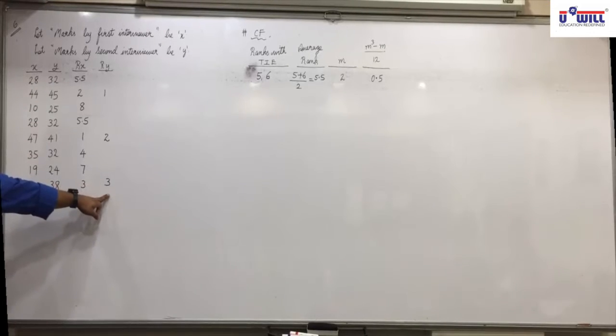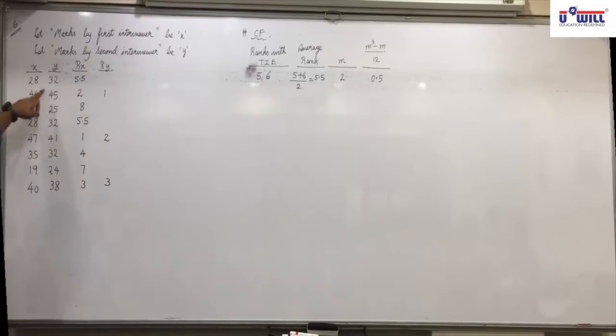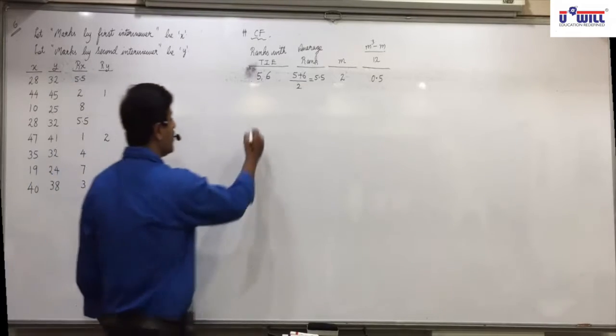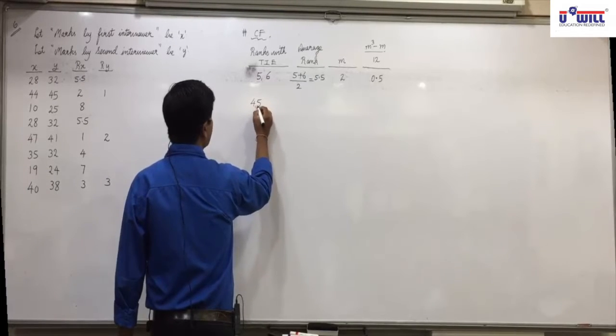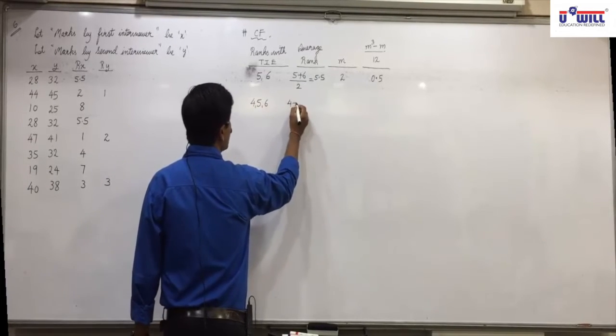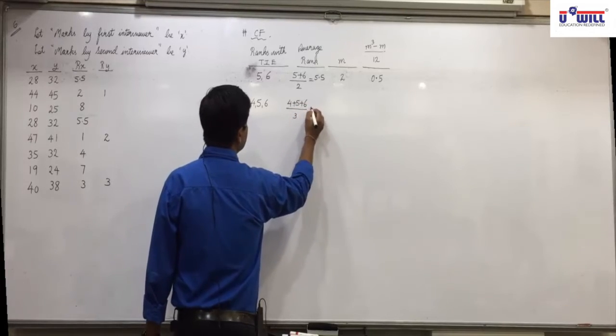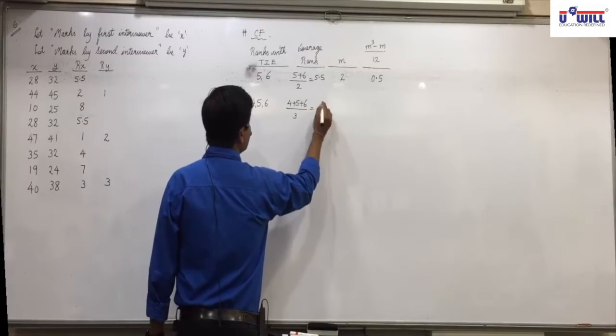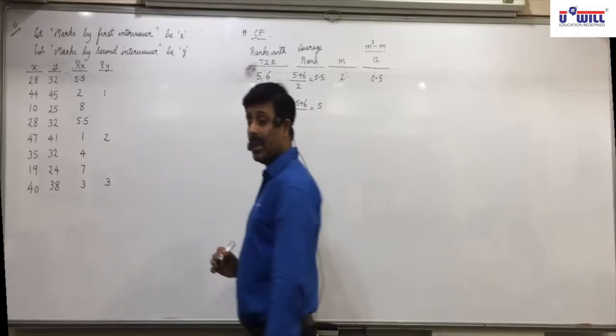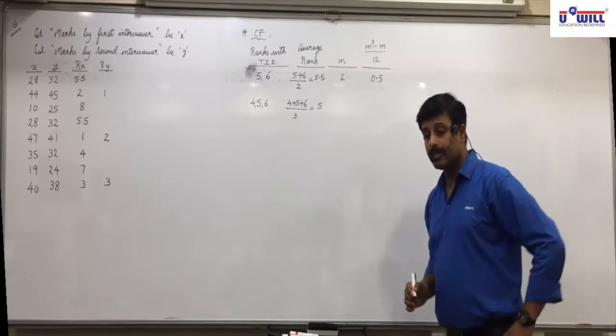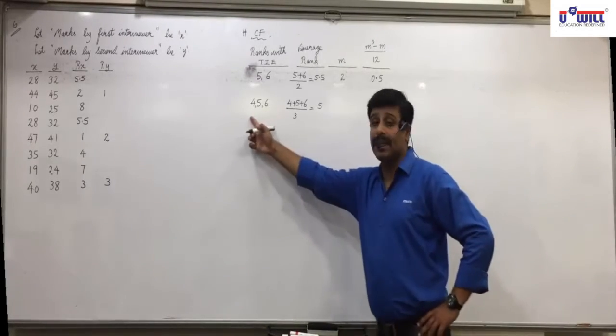So after rank 3, 4, 5, 6. Raise your hand who did not understand. Ranks with tie is 4, 5, 6. 4 plus 5, 9 plus 6, 15 divided by 3, 5. Any confusion?